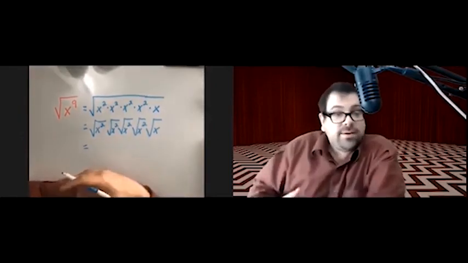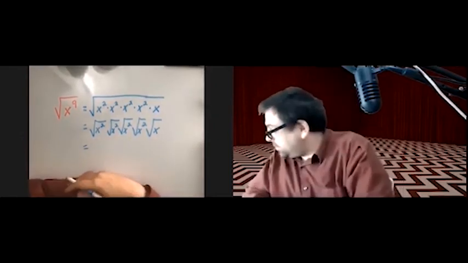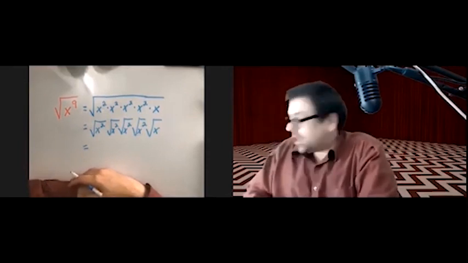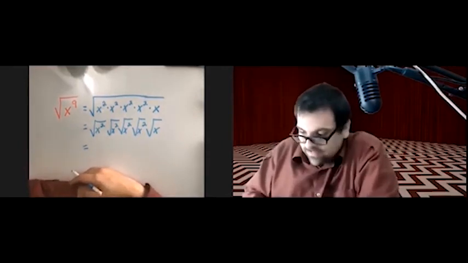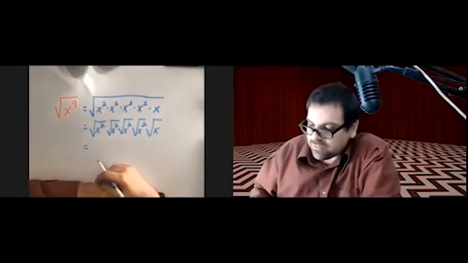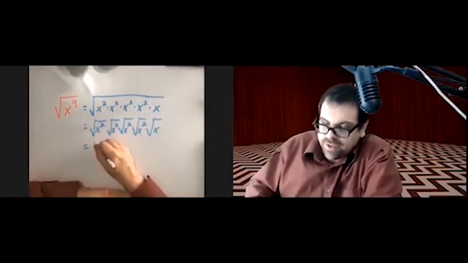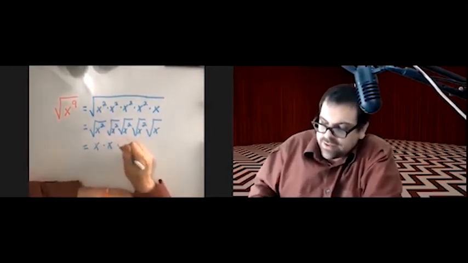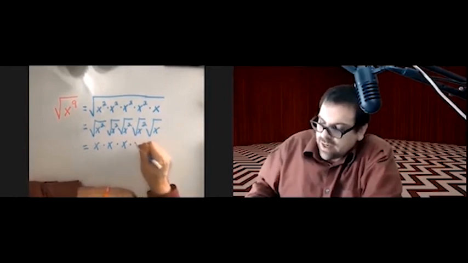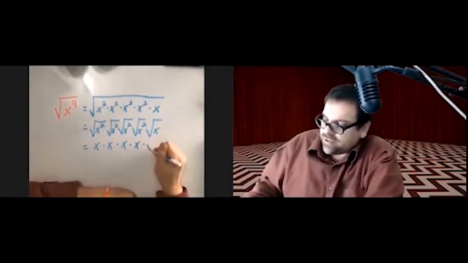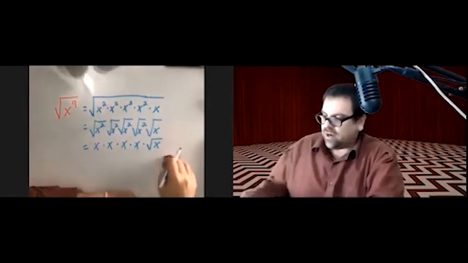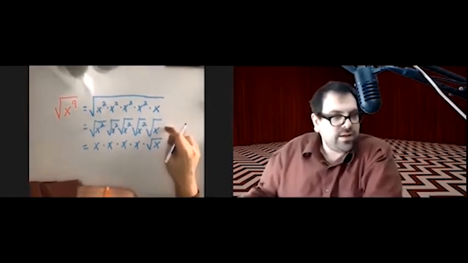We are assuming all variables are positive real numbers, so we don't need the absolute value multiple times, but this would be x times x times x times x times the square root of x. That one doesn't go because it didn't have a square left over.